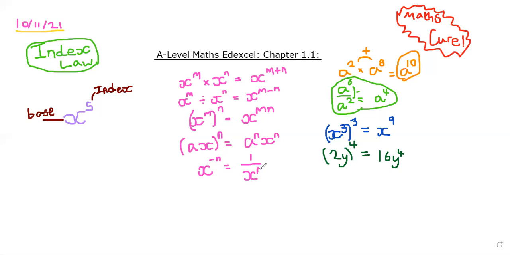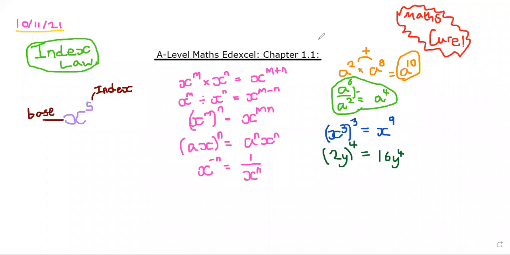What you're basically doing here is flipping the fraction, because if you remember, x is just the same thing as x over 1. So you're flipping the fraction and changing the sign of the power before n. These two things are called reciprocals of each other. You might have heard that word before. So that is an important rule.